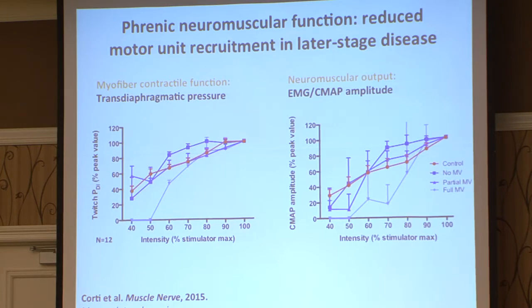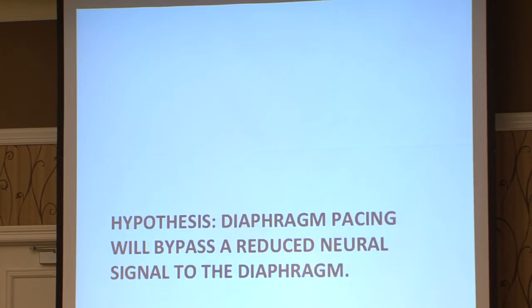And that's a problem for people with breathing because we don't use a high level of stimulation to breathe, breath to breath. We do for maximal inspiratory pressure tests, but if we had to generate a large amount of our maximal capacity just to take in a breath, we would fatigue very, very quickly. And so that's where diaphragm pacing really, we think, comes into play.